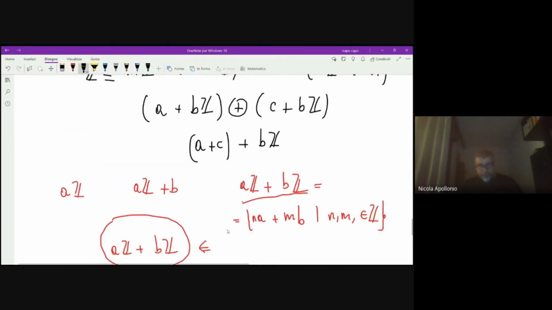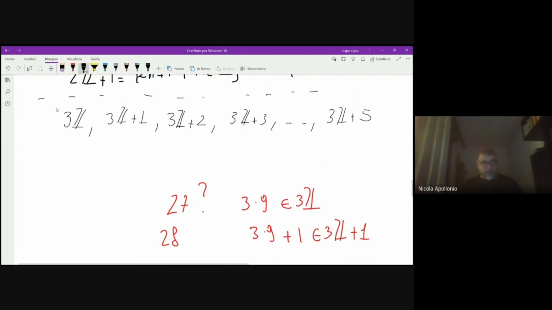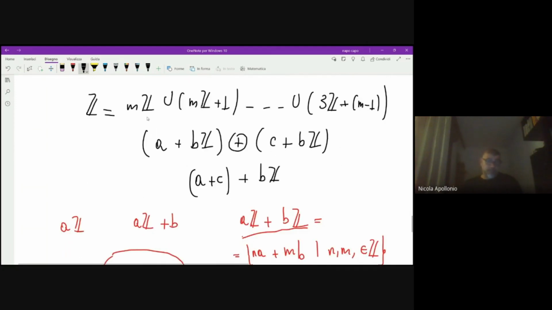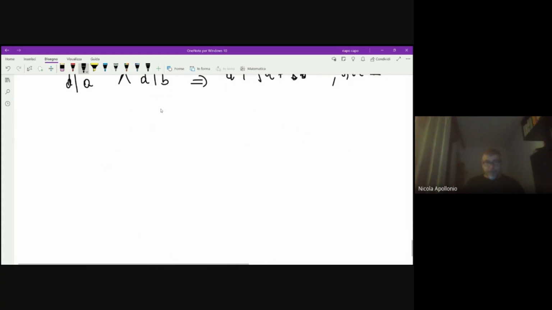I'm just talking about these strange sets here when the modulus is 3, or this set here when the modulus is M, or even a set like this, which is the set of linear integer combinations of 2 and 3. So let us start. Pick two numbers, A and B, and consider these cosets.